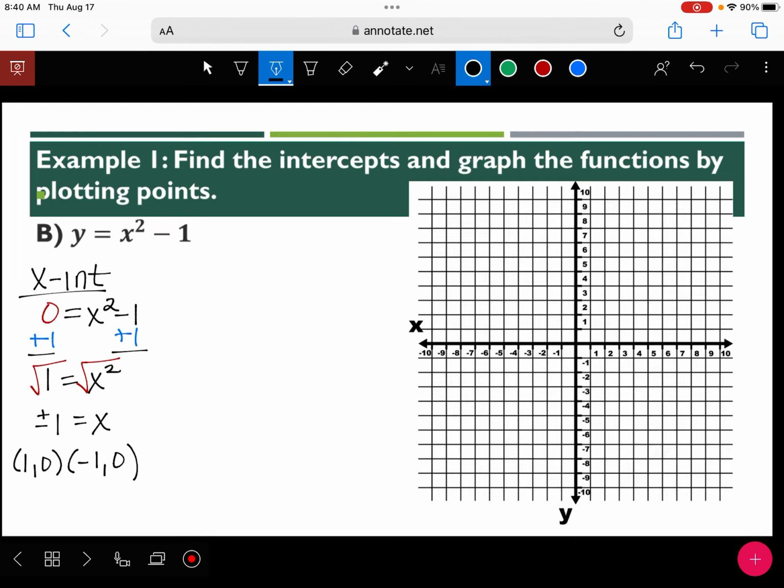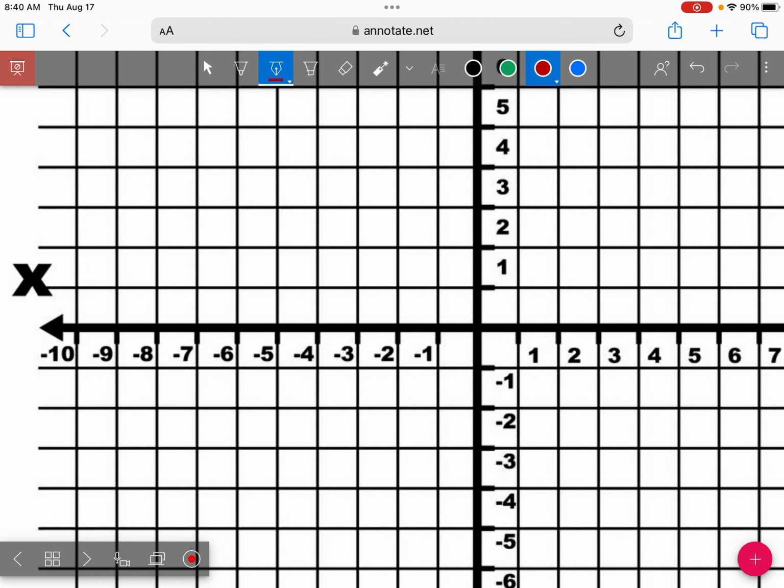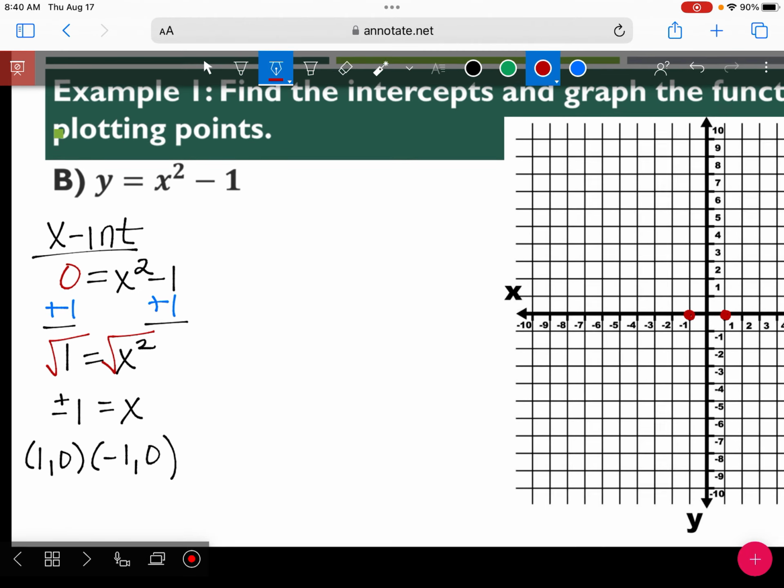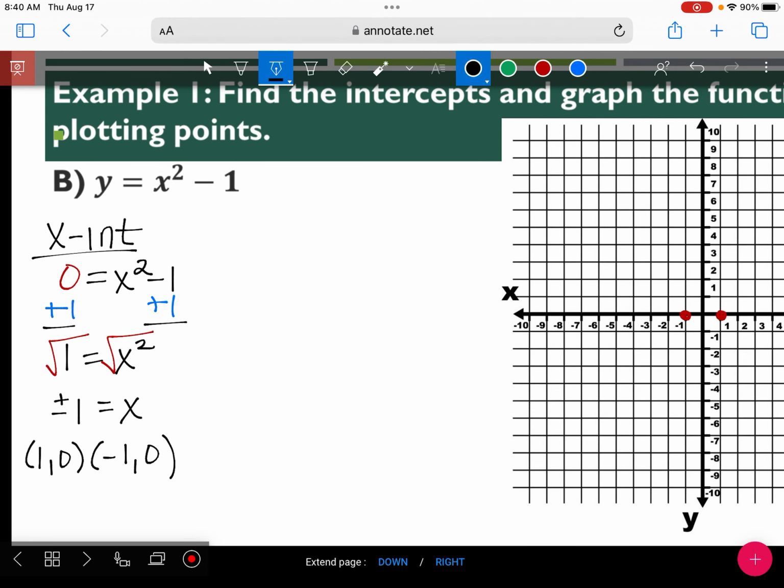So I'm gonna go over here and plot my 2 x-intercepts. And then for our y-intercept, y equals, and then x becomes 0.